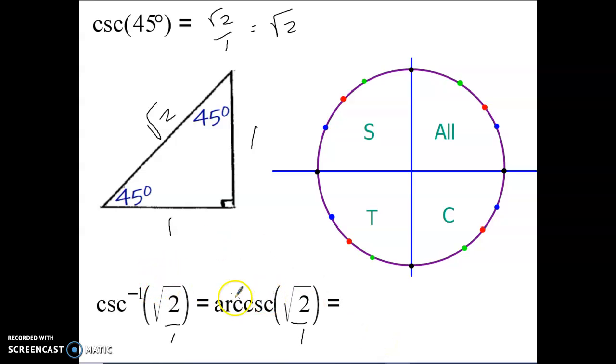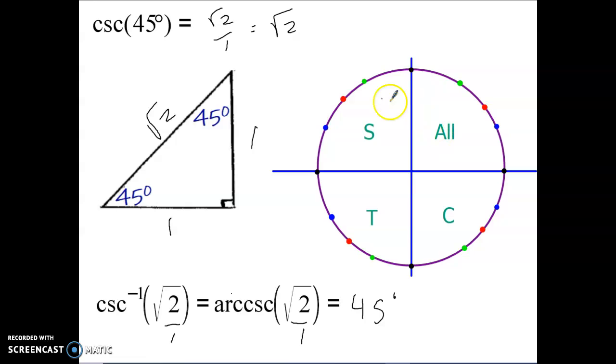So this is really asking you what angle has a cosecant of square root of 2 or square root of 2 over 1. Well, we already know one answer to that is 45 degrees. But just like sine, cosine, and tangent, I'm going to be able to get two answers for that because cosecant is positive in two quadrants. So I've got my unit circle here. I know they're all positive here in the first quadrant. There's my 45-degree angle that I already gave as an answer.